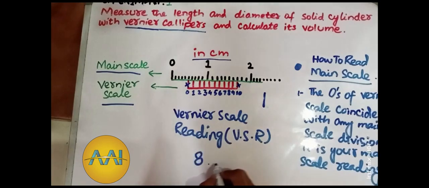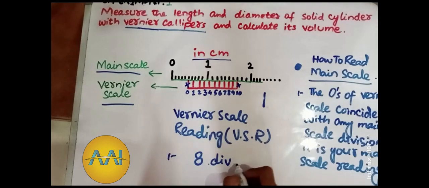Here I am not writing any unit because the Vernier scale has no unit. So I will write division. The short form of division is div. You can also write the full form, but for the sake of saving time, we will write only div. Hopefully you are getting my point.